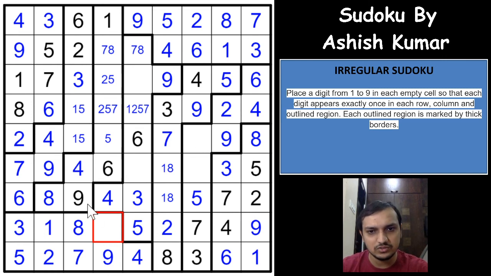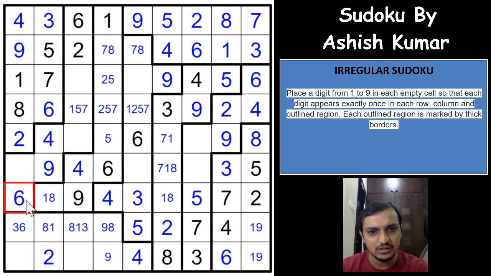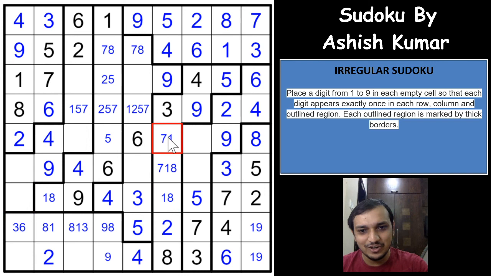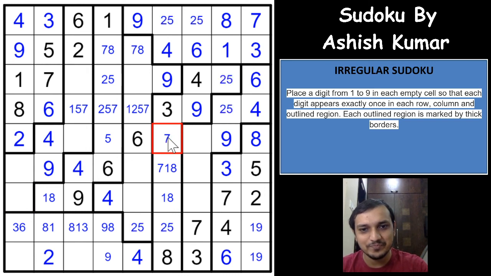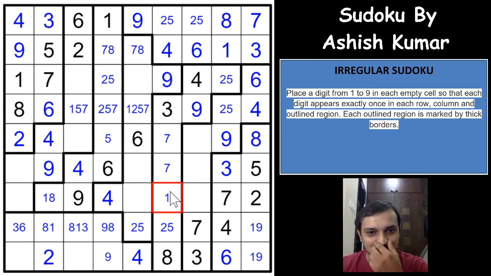Okay, this cell wouldn't have to be a 6, so it means we have broken it somewhere. Oh, we have marked 1 8 6 here. Oh, see, if you can see, thank God we just found that. So it is 7 1 and 6, not 7 1 and 8, and luckily we have found that.